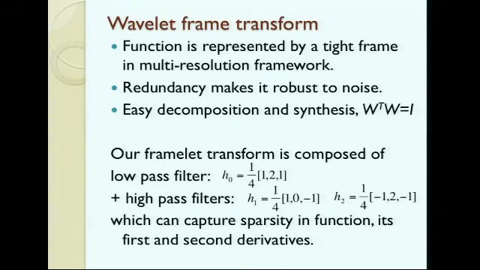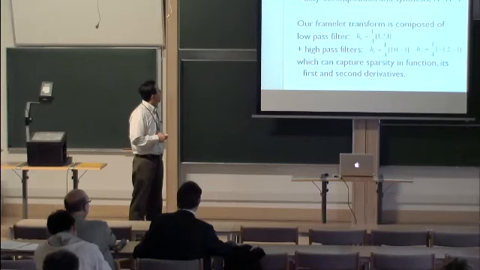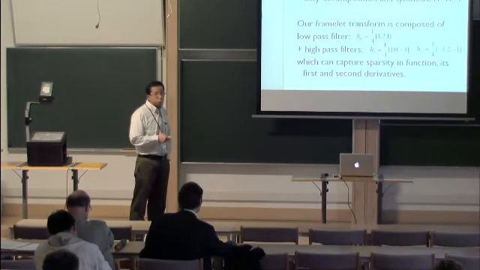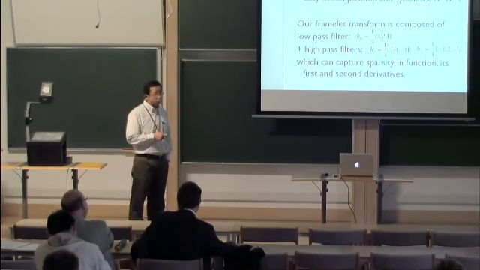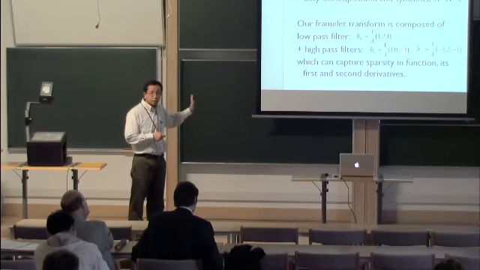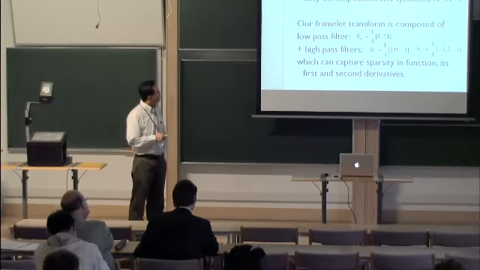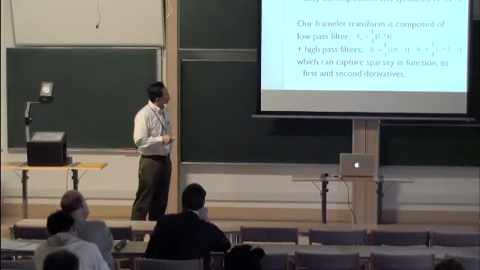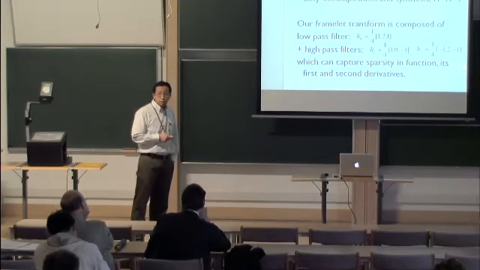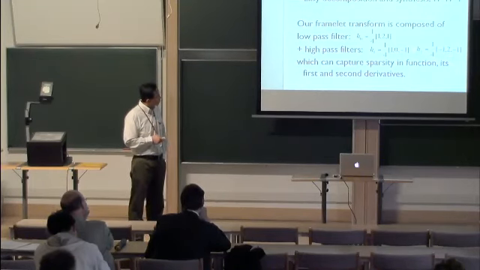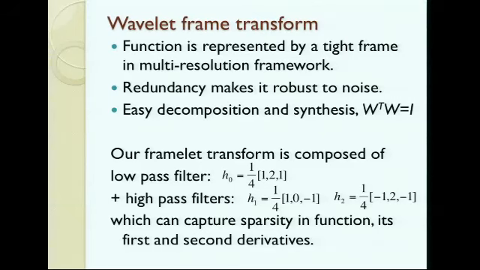Okay, so in our particular case, our framelet transform is composed of a low pass filter, which is nothing but averaging. Then high pass filters: one is the central difference for the first derivative, which is something like total variation, already included in our sparsity. Also there could be sparsity in this, which is the second order central difference for the second derivative. So if your second derivative is sparse, you can also capture that.